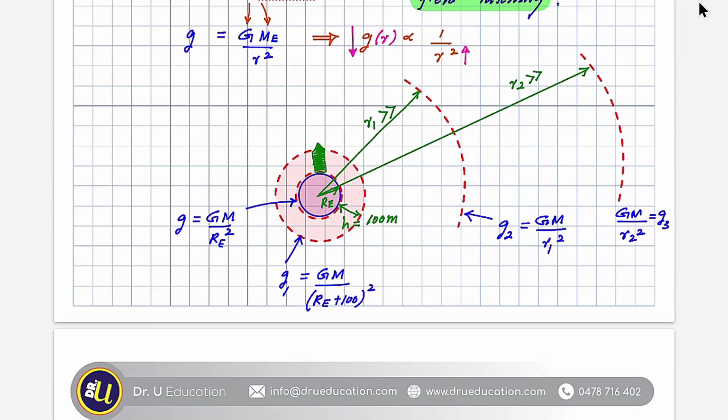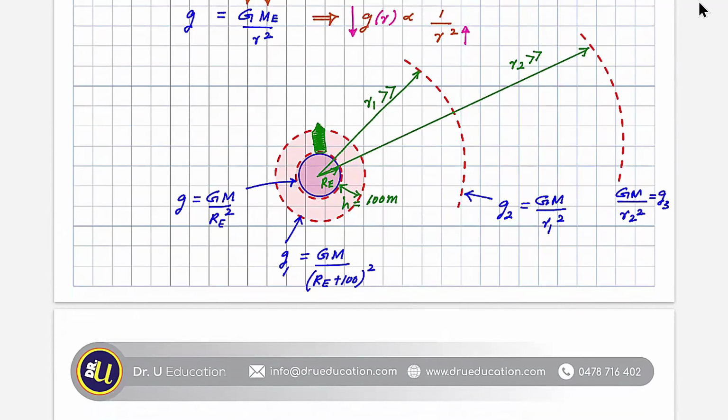Now tell me, R_E. What do we know about R_E? Earth radius. How much is the Earth radius? Earth radius is 6,400 kilometers. Very big. Convert that into meters.